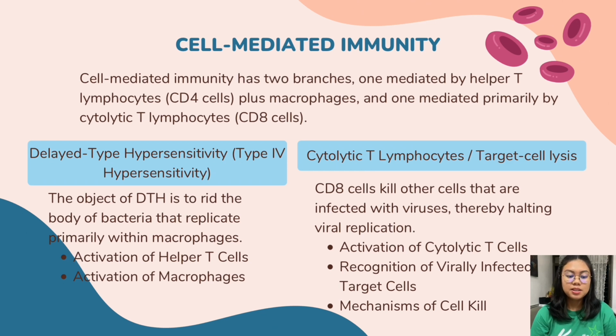This is the same process by which CTLs recognize APCs. And lastly, the mechanisms of cell kill. Binding of a CTL to its target cell causes the CTL to release mediators that kill the target. Two mechanisms of cell kill are involved: lysis and apoptosis, programmed cell death.